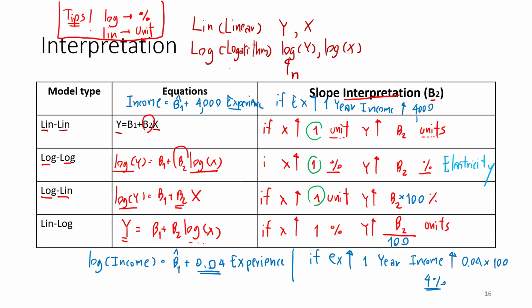So it depends on the unit from the question. If they say Thai baht, you have to say baht, for example, increase 1,000 baht. You see the difference here. If it's linear, you interpret in units; if it's log linear, you interpret as percentage.